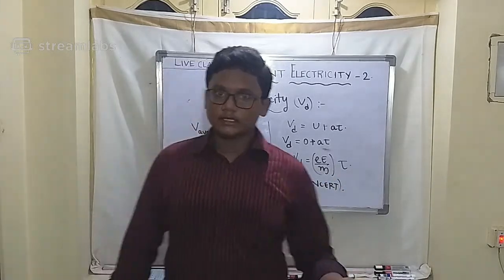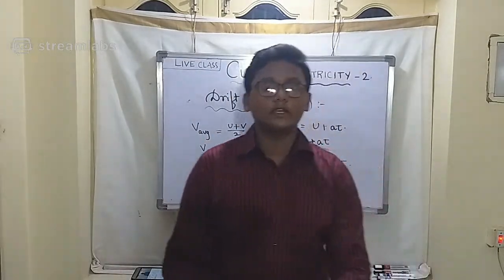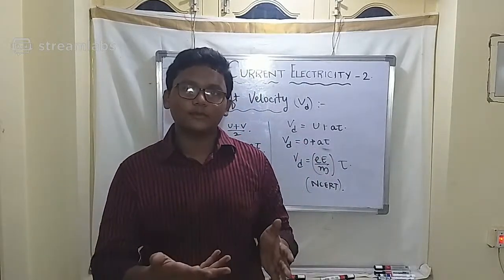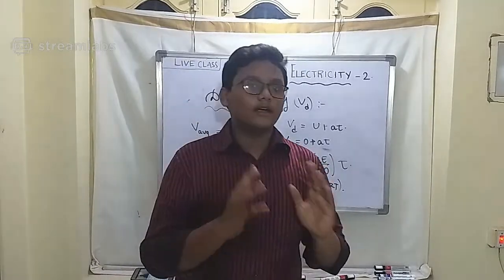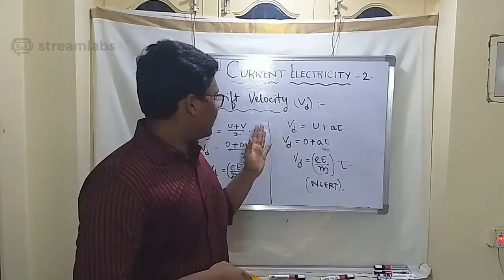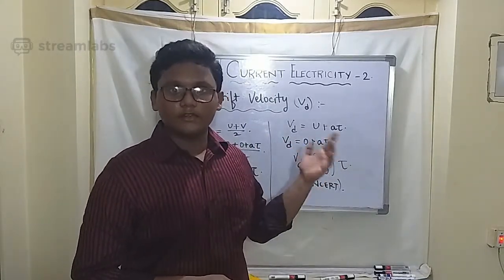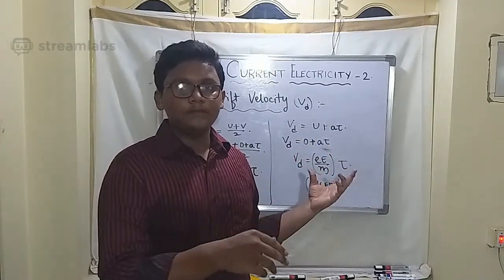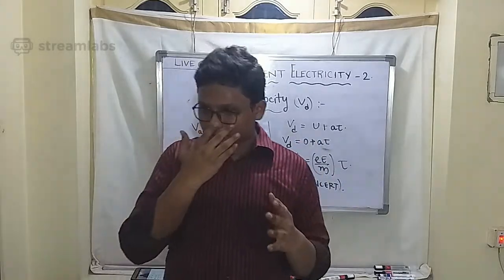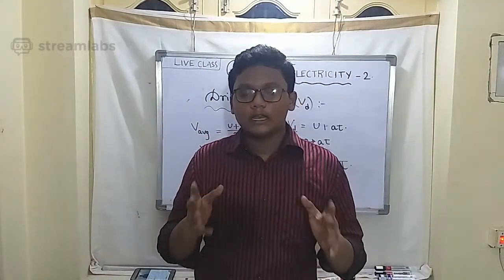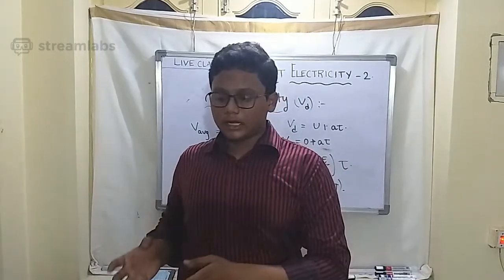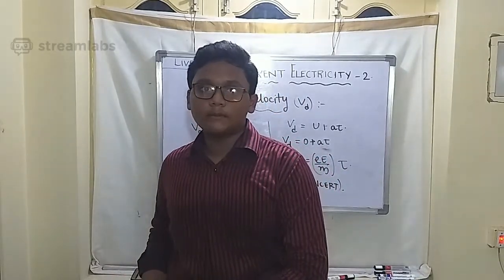And next, this drift velocity, which I have already explained 2-3 times up to now, and this is the last time today. Drift velocity is denoted by Vd. When a conductor is connected to a battery or power source, what happens?